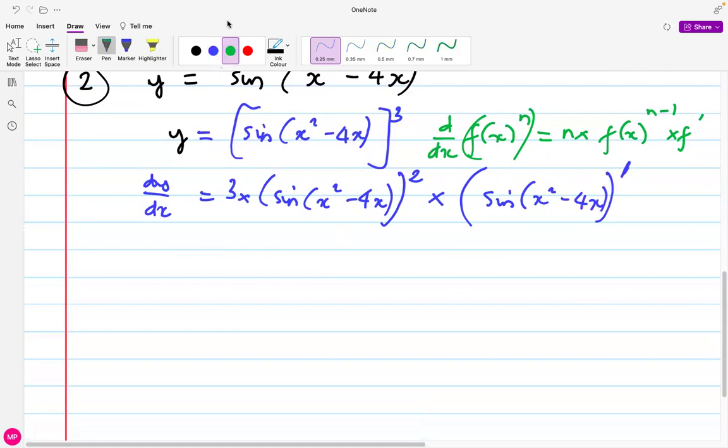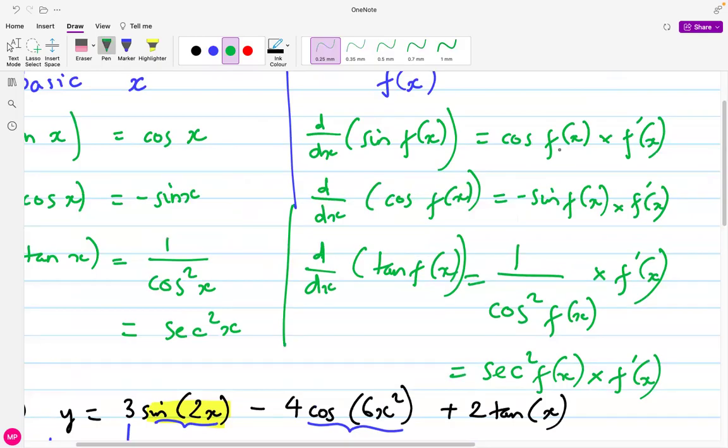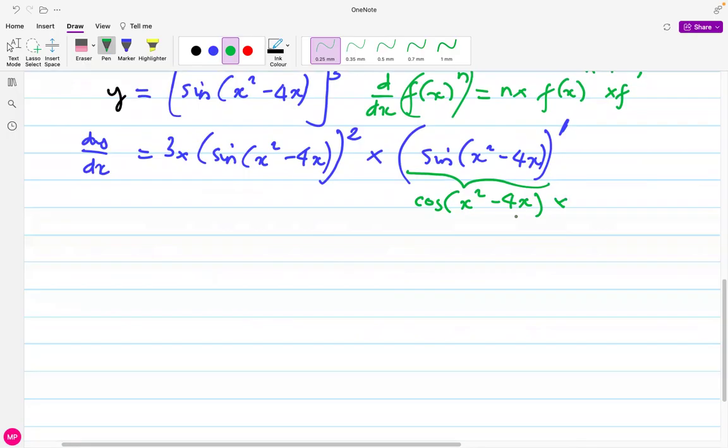So think about how to find the derivative of this. To find it, I have to use the formula here: sin of f of x will be cos of f of x times f dash. So you would have sin of the whole thing becoming cos of that, cos of x squared minus 4x, and then you times by the derivative inside, which is 2x minus 4. Then you copy these down again: 3 times sin of x squared minus 4x, squared.